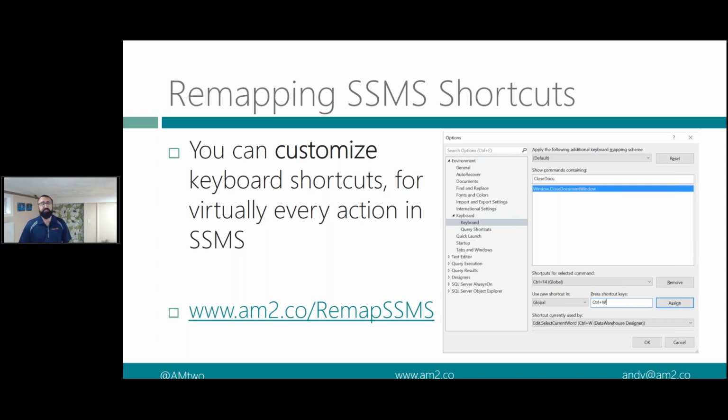Control-W is not the default setting for that action in Management Studio. It's Control-F4. So I have a blog post that you can go to, am2.co/remapSSMS, and it'll show you step-by-step everything you need to do in order to add additional shortcuts or change existing ones.